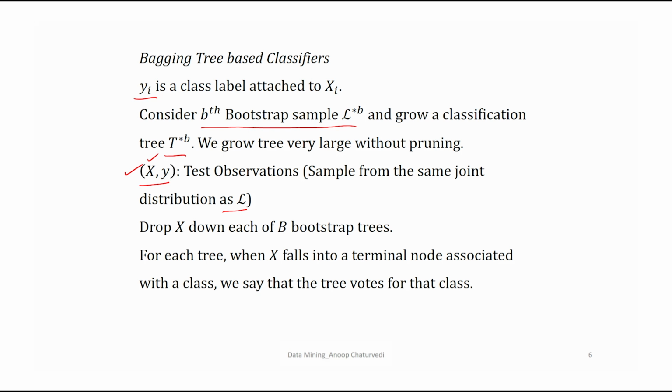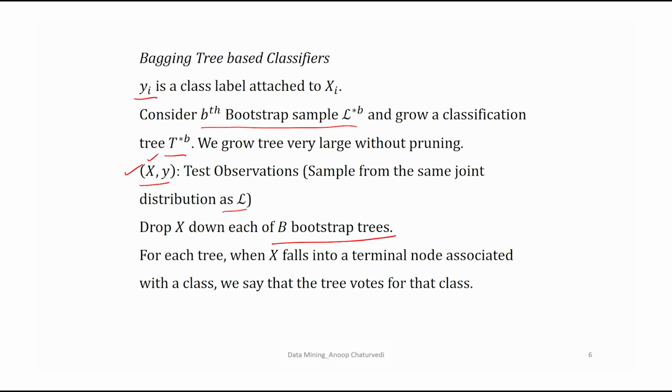Then for determining the class of x through the decision tree, what we do, we drop x down each of the B bootstrap trees, and when we drop down x, it ultimately goes to a terminal node associated with a class.